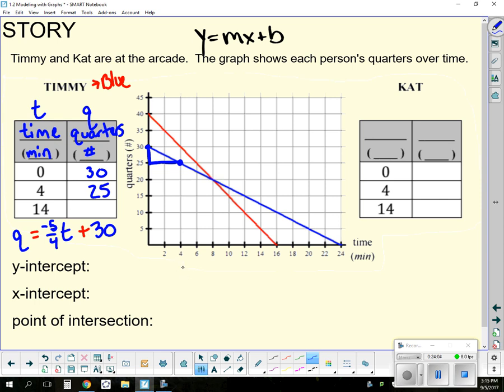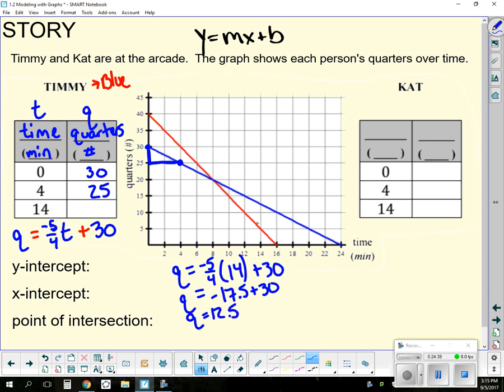So if you plug 14 into your equation, you would need to then do some calculations. Q equals negative 5/4 times 14 should be negative 17.5 plus 30 is 12.5.